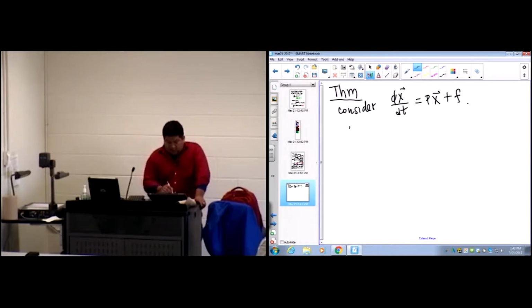Then every solution of this linear system of ODEs can be expressed as a linear combination that involves this particular solution.